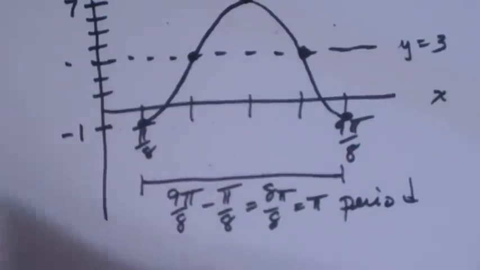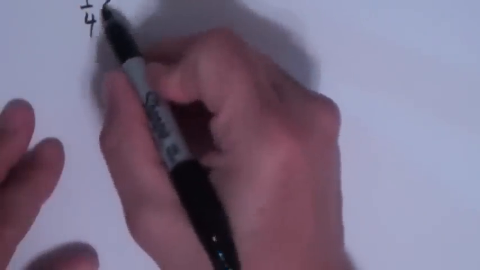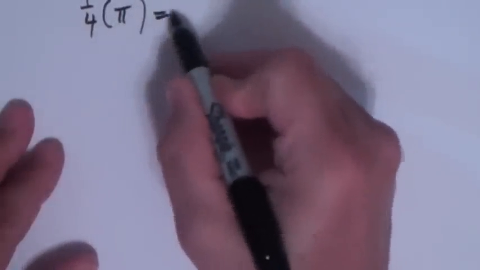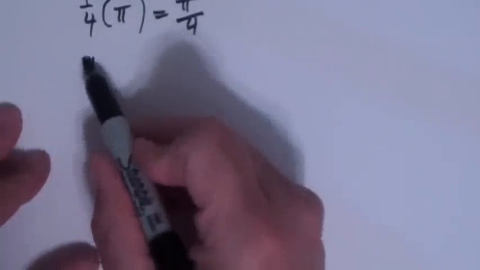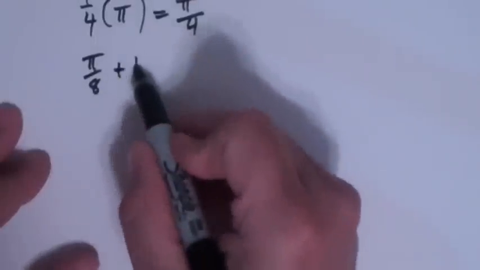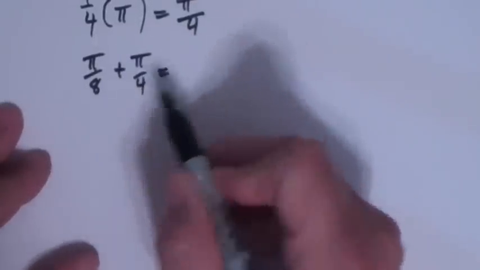So I want to take 1/4 of this period. So let's do those calculations. 1/4 of pi is pi over 4. And I want to start adding that. So I'm going to start at the beginning value of pi over 8 and add pi over 4. That's going to give me what I call the first quarter point.